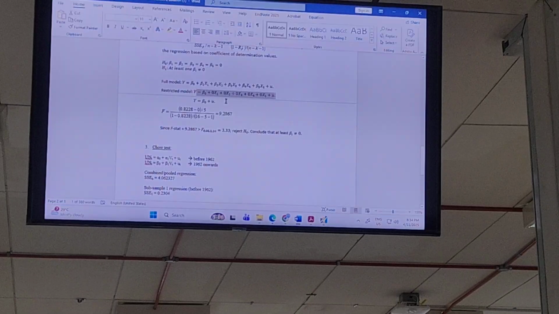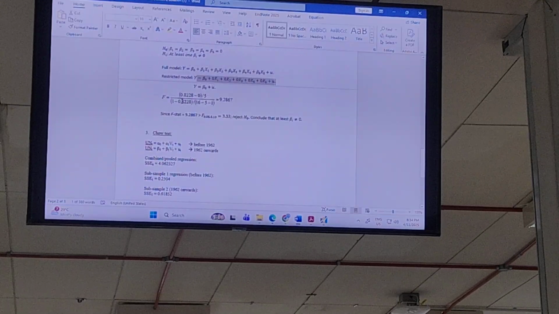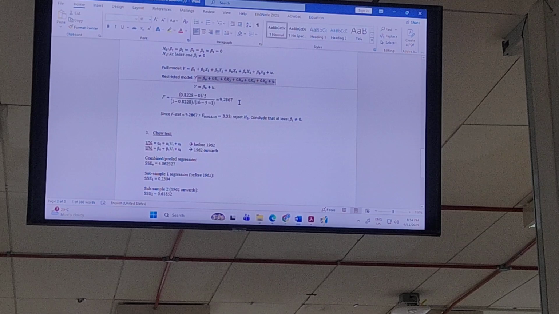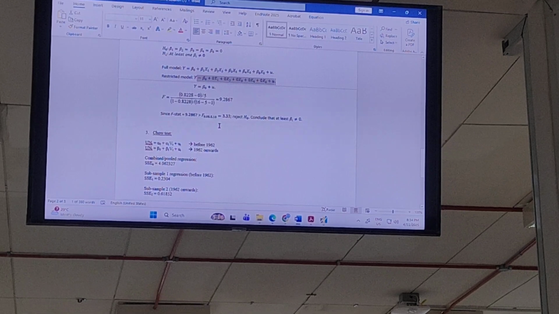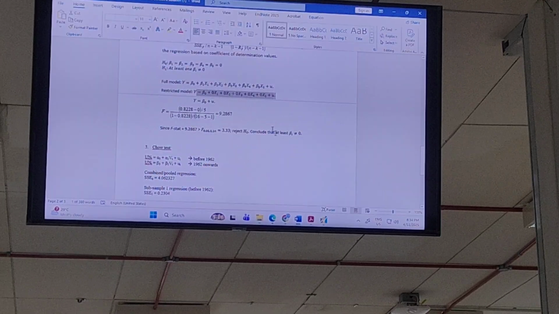Then you can calculate using the given formula, and you will get the same result. Then you compare to the critical value from the F table. If this test statistic is greater than the critical value, we conclude that at least one of these is not equal to 0. Do not say all are not equal to 0, but at least one.